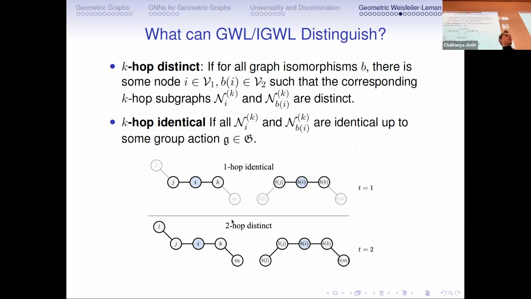If there doesn't exist any k-hop neighborhood around any node, which is different from any other k-hop neighborhood in the graph. So I think fairly intuitive notions. And you can see 2 examples of these neighborhoods. These graphs are 1-hop identical because there is no 1-hop neighborhood which looks different from any of the other graph, but they are 2-hop distinct.